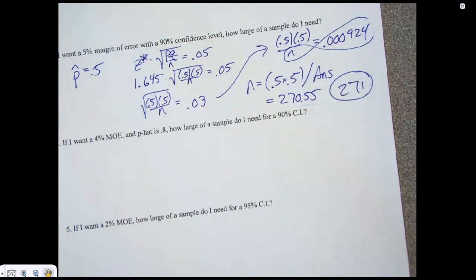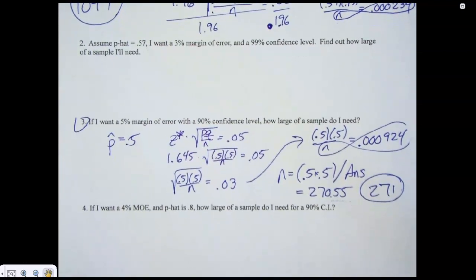Try number 2. How many got 271 for number 3? Okay, cool.